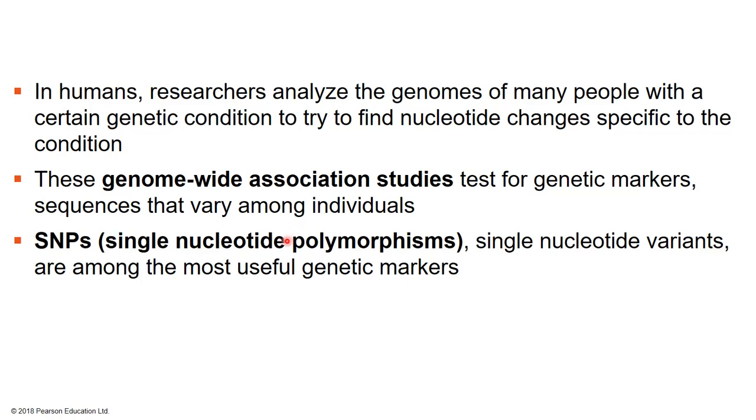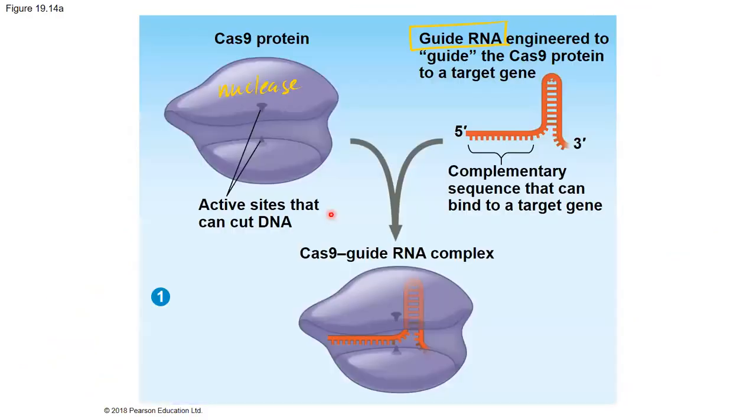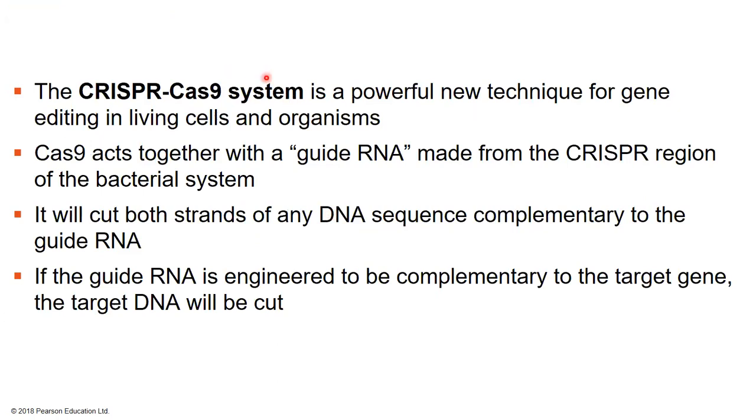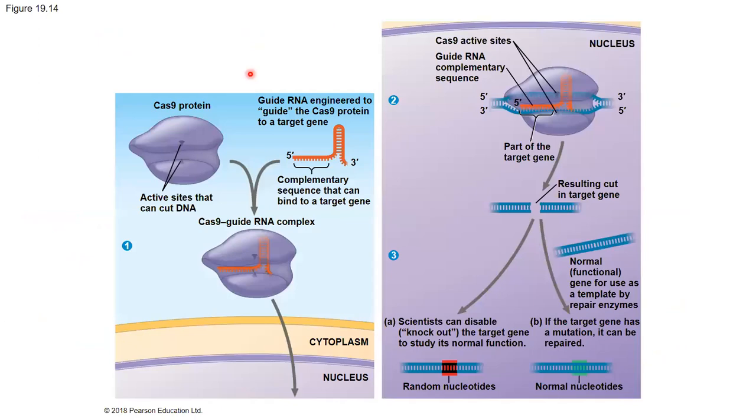Another topic discussed in this chapter is the genome-wide association studies. So you have to understand, we cannot use RNA interference or CRISPR-Cas or in vitro mutagenesis to determine the function of genes in humans, because it will be considered unethical.